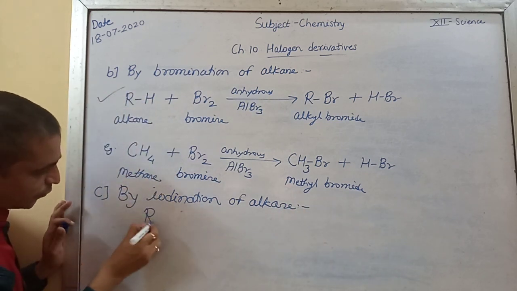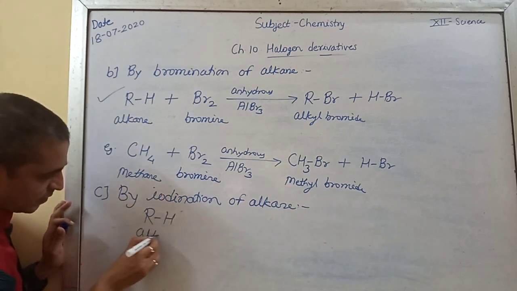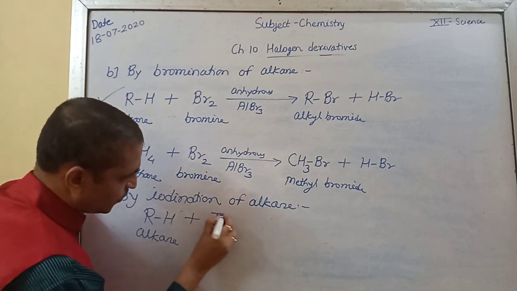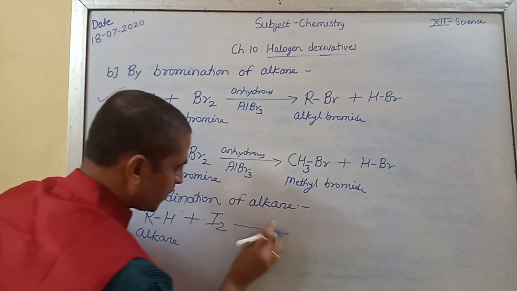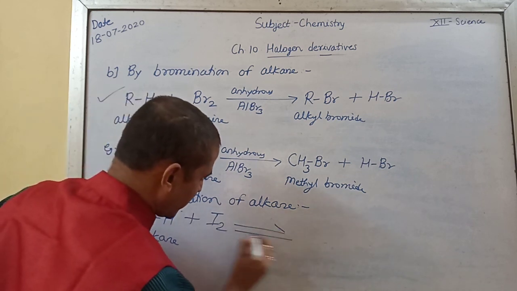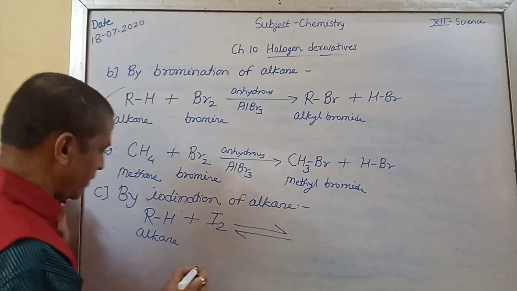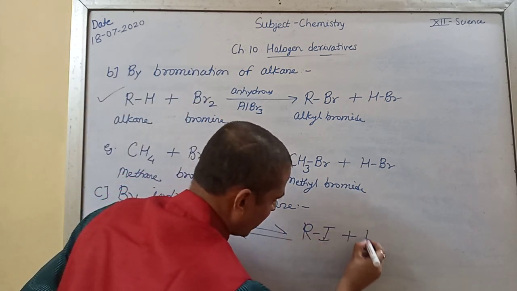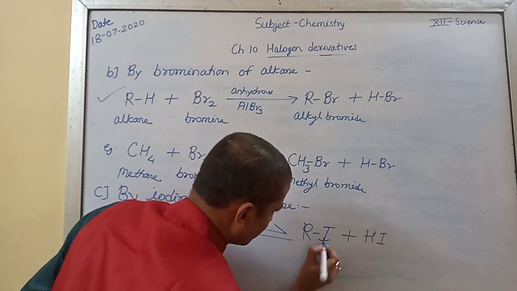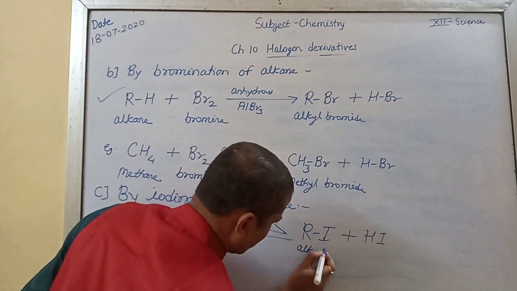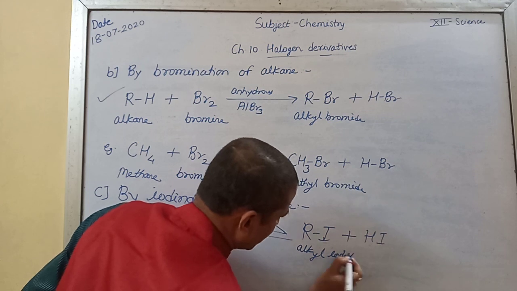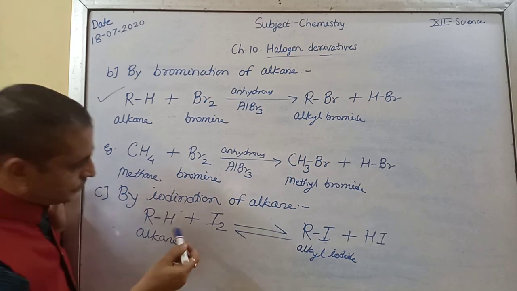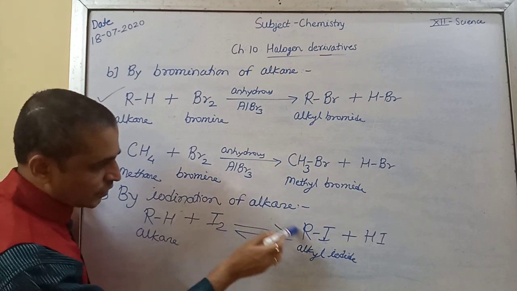This reaction can be written as RH, that is alkane, plus, instead of Br2 we put I2. Here this reaction is reversible. Means here we get RI plus HI, alkyl iodide. But see here, this reaction is reversible.